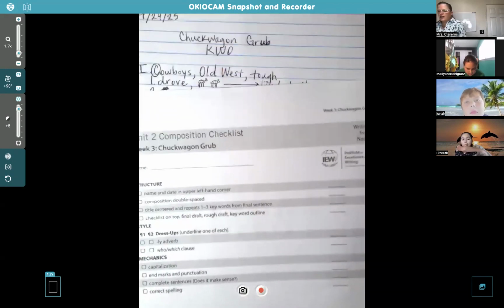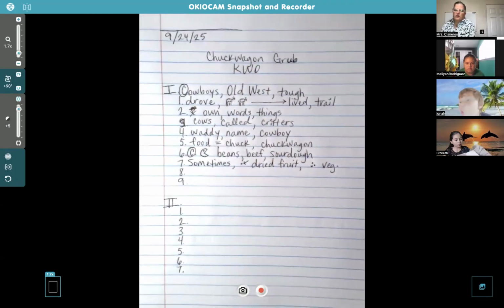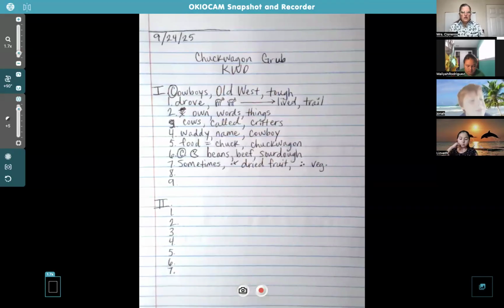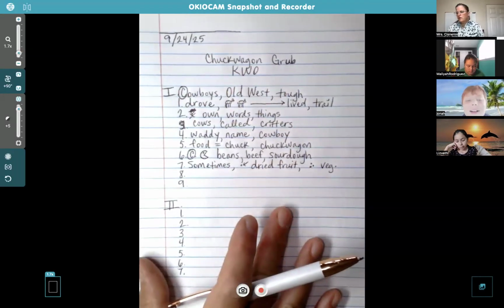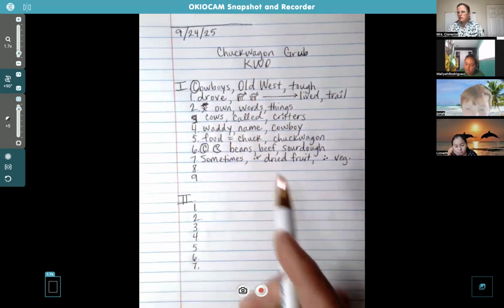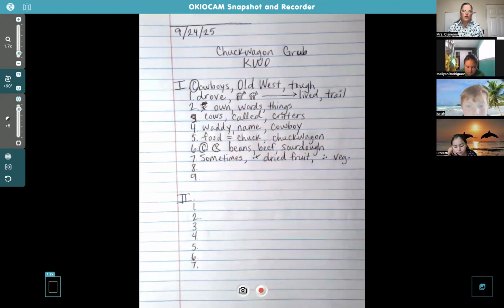So this is something I like to do. If you look at your keyword outline here, is there a spot where you think you could put an ly adverb? Like just looking at your keywords on your outline, do you see somewhere where you might be able to fit an ly adverb in when you write your sentence?